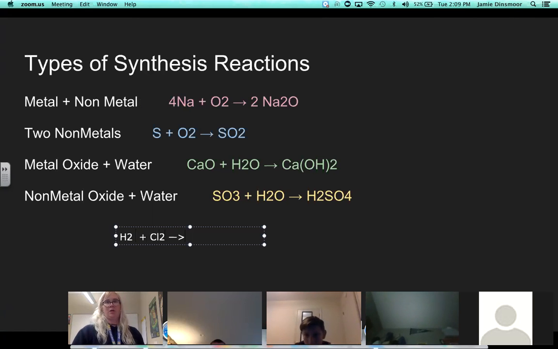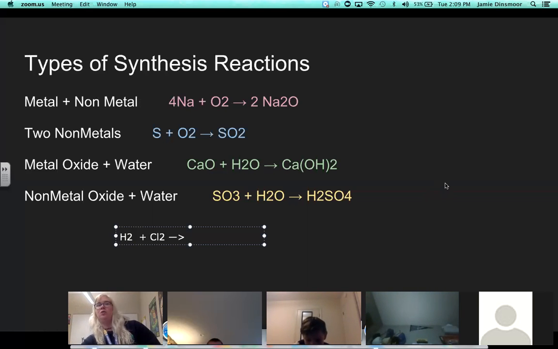What would we get here? If you're not sure, look at the models. Is this a metal and a non-metal? No. Is it 2 nonmetals? Yes, hydrogen and chlorine, both nonmetals. Looks to me like we're just going to stick them together. So that's pretty easy.